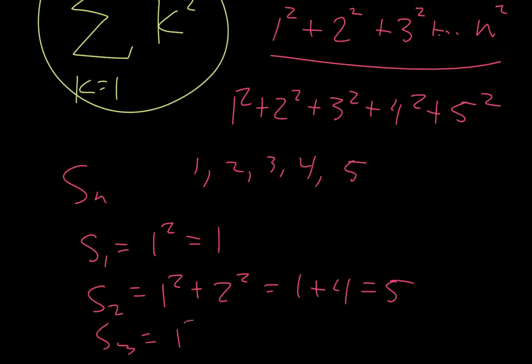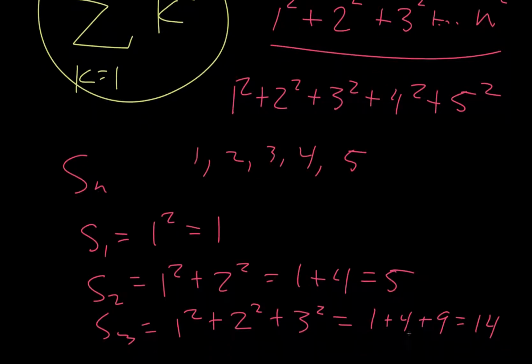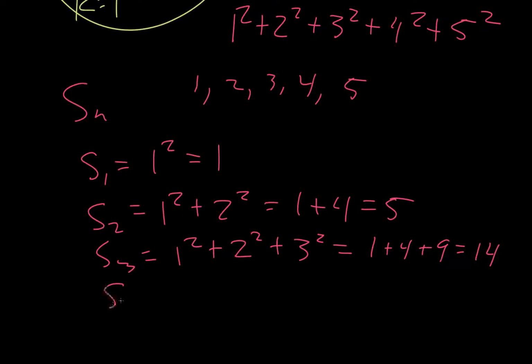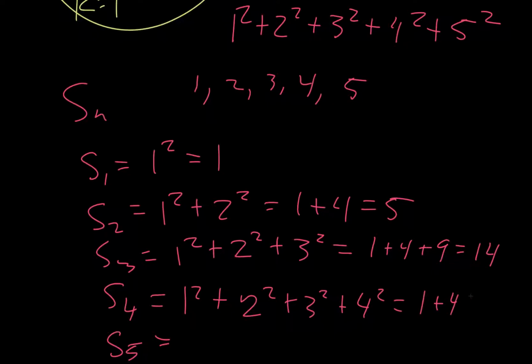S sub 3, we do the first 3 terms. And so that's going to be 1 plus 4 plus 9, which is 14. Then S sub 4 and S sub 5. S sub 4 is 1 plus 4 plus 9 plus 16, which is 30.